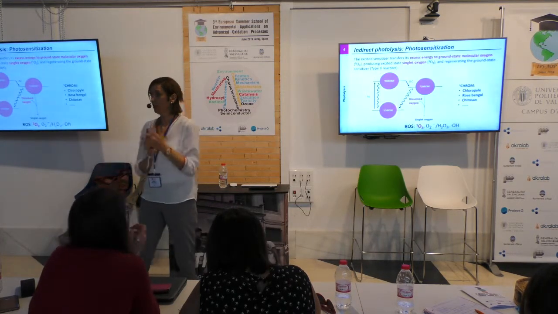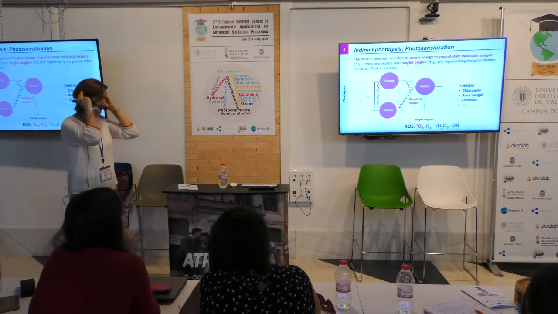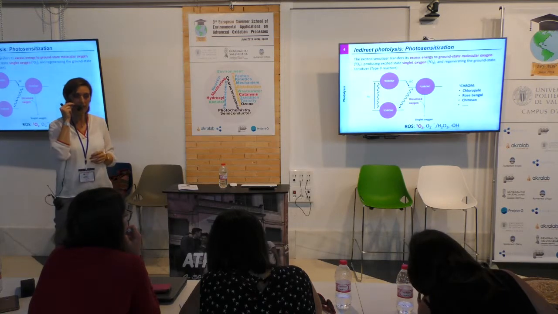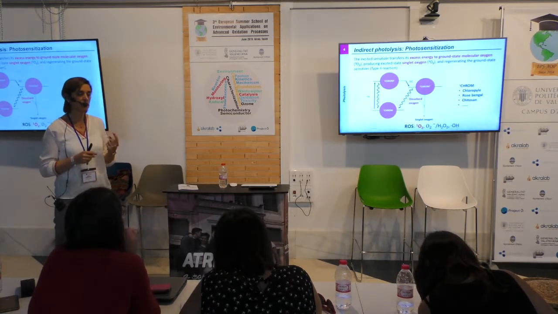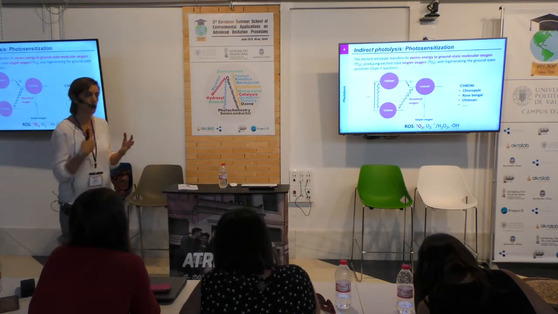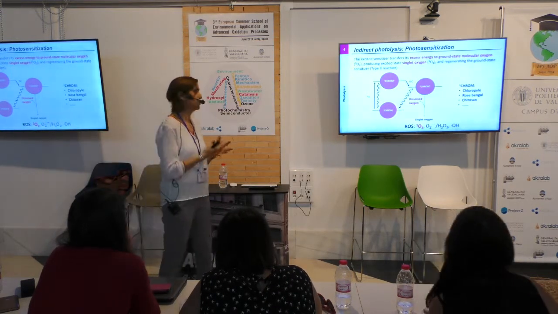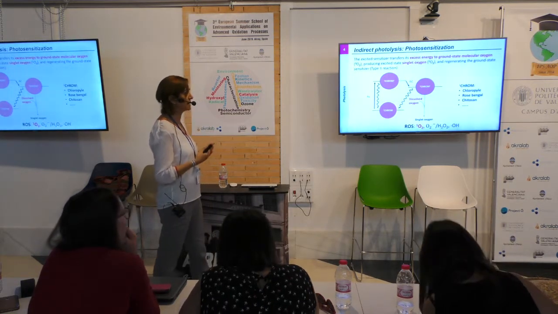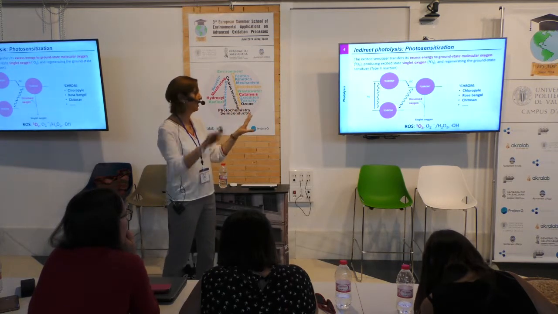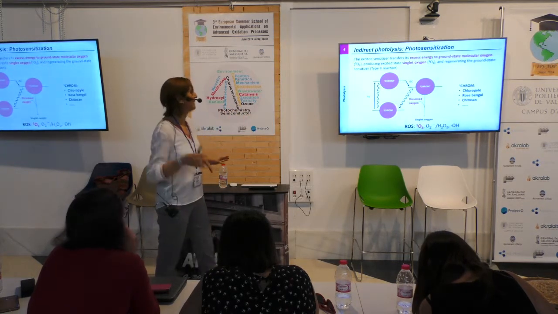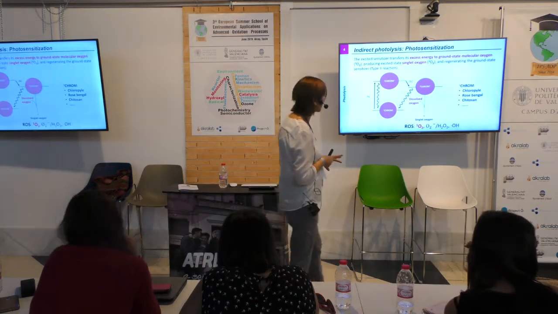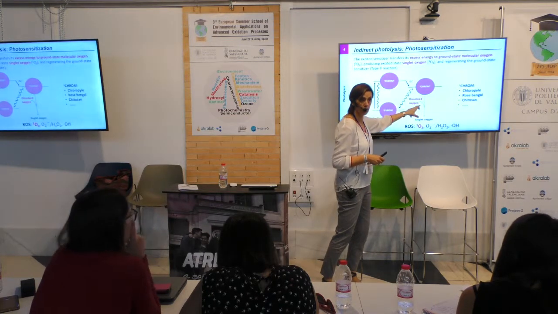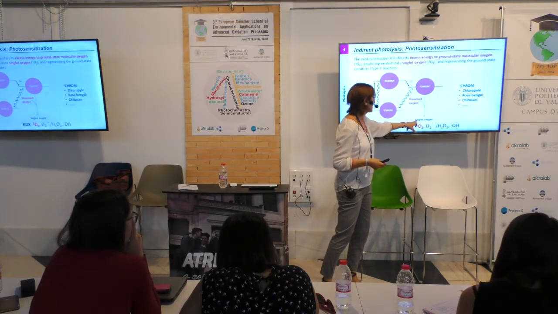I also want to talk about indirect photolysis, what is called photosensitization. This process happens when it is not an electron that is transferred to the quencher or to the other substance in the media, but energy that is transferred, in this case from the excited molecule to another compound. When the energy is transferred to dissolved oxygen, you generate singlet oxygen.